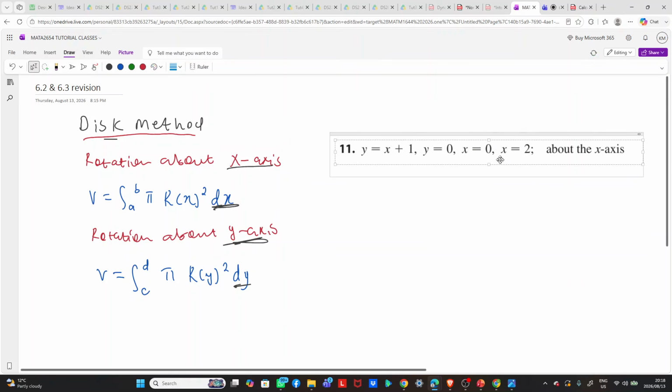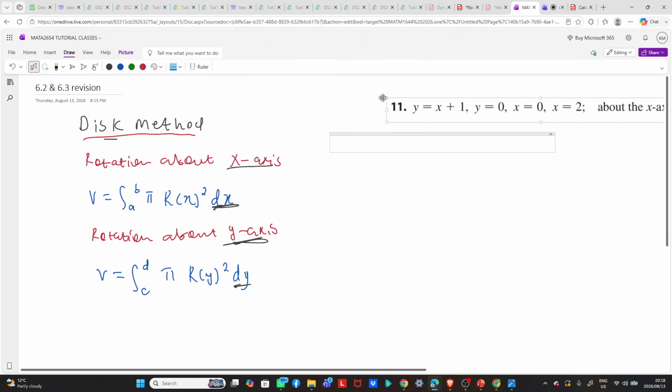So let's see basically why it is applicable for us to use the disk method for this question.